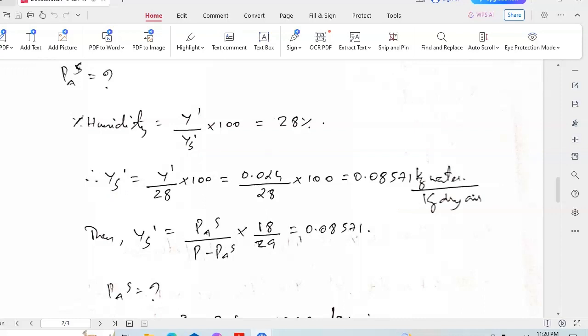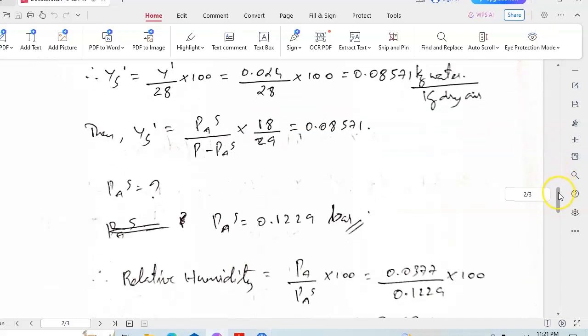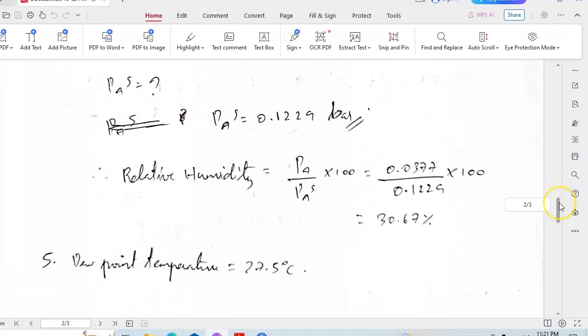From this, we can simply calculate the value of vapor pressure. Then relative humidity is equal to Pa by PAS into 100. We get the relative humidity as 13.67%.